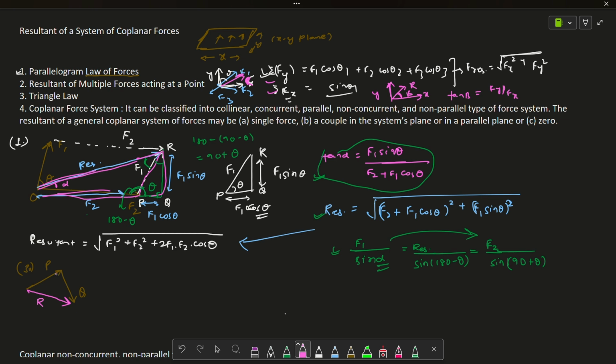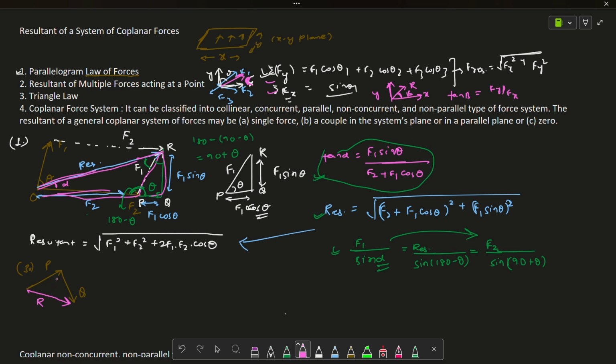All these forces are coming in this direction, P and then Q, but ideally for a completed triangle you should make R in this direction. But when you are computing the resultant of these two forces, you will make it opposite to these directions. That's all, and this is known as the triangle law. This is valid for two forces.